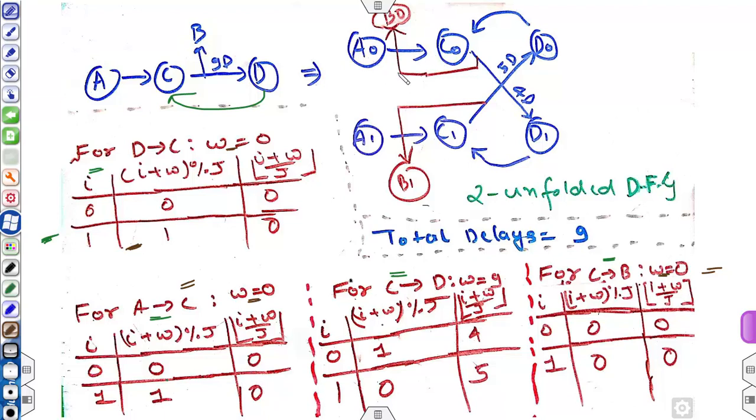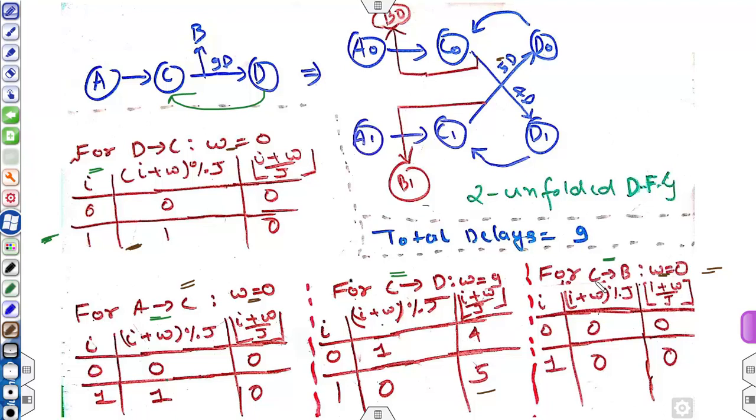For C to D, C0 will be connected to D1, and weight of the edge is 4, so 4D, and C1 is connected to D0, and weight is 5, so 5D.